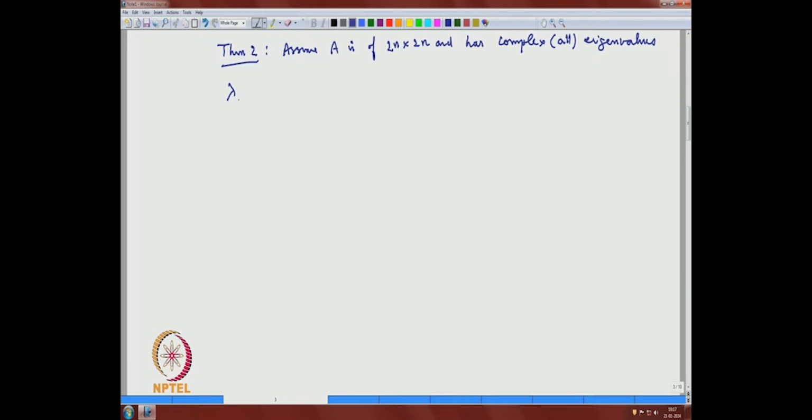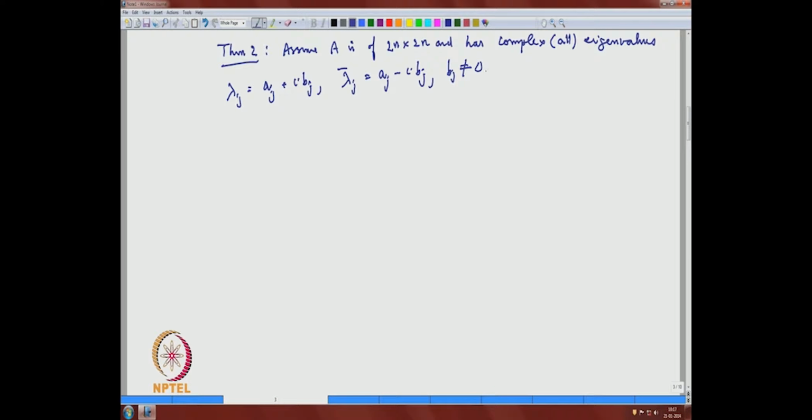Lambda j is of the form Aj plus i Bj, and lambda j bar is equal to Aj minus i Bj, a complex eigenvalue, with Bj not equal to 0.